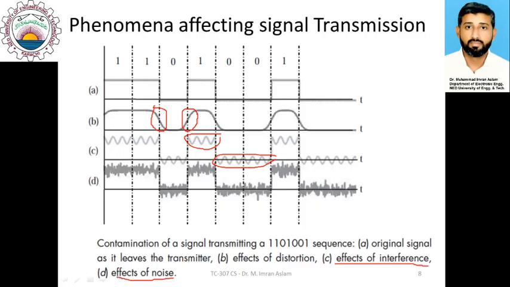Noise is another phenomenon which causes more rapid changes in the signal. You can see that the changes are even more rapid with noise as compared to interference, and these changes are more random, whereas interference, although it can be random as well, follows a certain pattern.